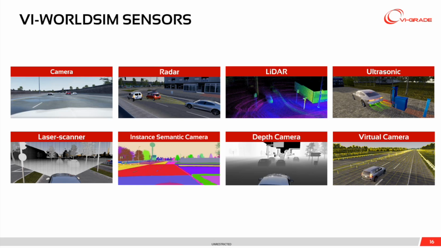So for instance, if you're writing an algorithm where I want to validate the detection of a vehicle, not only can I provide the camera feed to go into an AI perception algorithm to look for the vehicle within the scene, but I can also tell you, yes, that is the vehicle that was rendered within the scene, because the virtual camera is the ground truth of that simulation. So by combining all of these sensors together, you get a very rich environment for developing your ADAS algorithm.